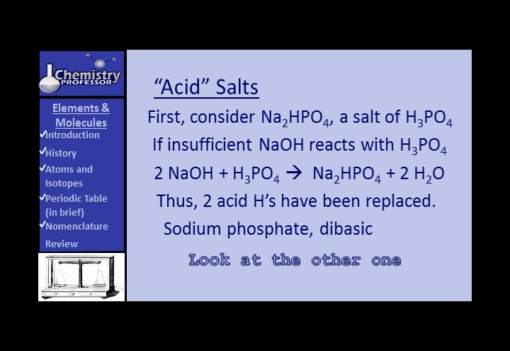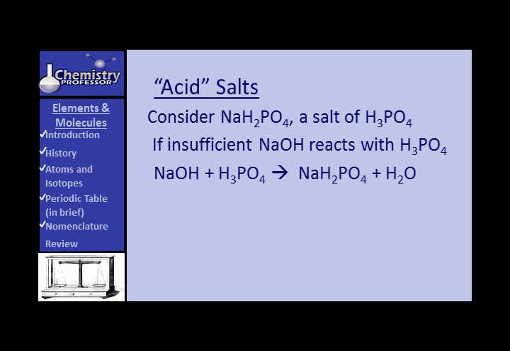Let's look at the other one now. Consider the NaH2PO4. And again, if insufficient sodium hydroxide reacted with it, maybe this time 1 sodium hydroxide reacted with the phosphoric acid and took out one of the hydrogens. Thus, 1 acid hydrogen has been replaced.